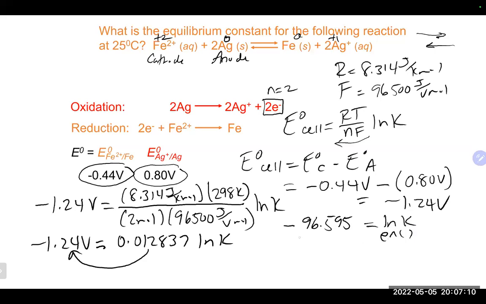A little e of that and an e of this. That is going to give us a K value. I should probably make my negative there. That would be good. We'll call it 1.1 times 10 to the minus 42.